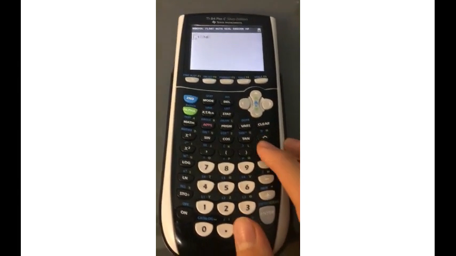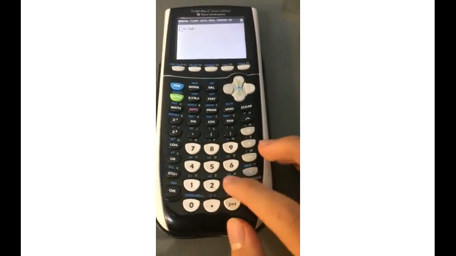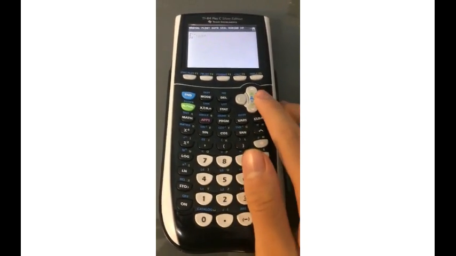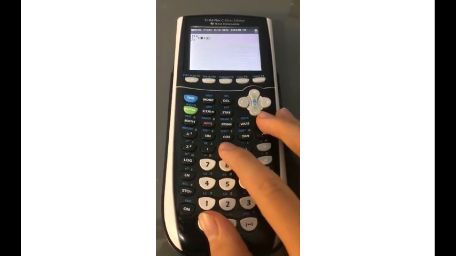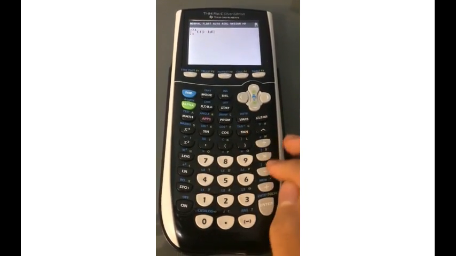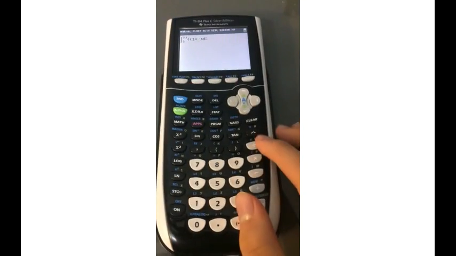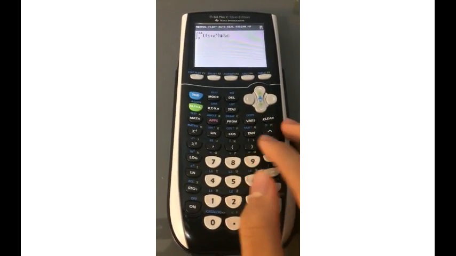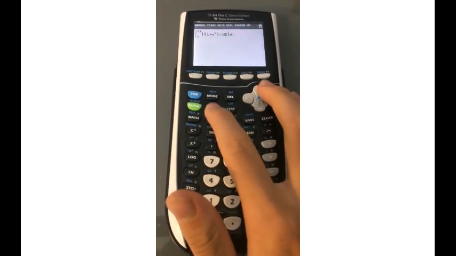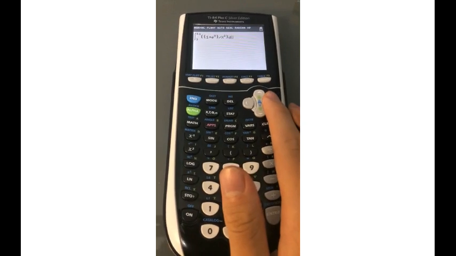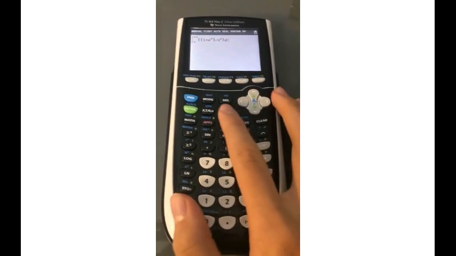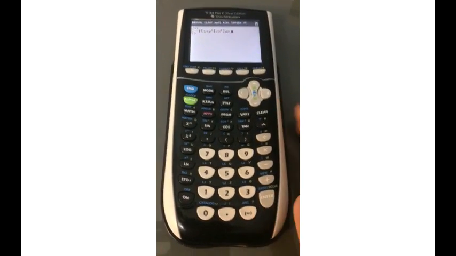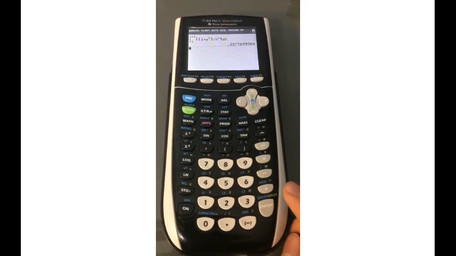You have to first put in the boundaries, which are 3 and 3 plus 1, and then you put in the function, which is (1 plus e to the x) over x squared, and then you put what variable you used, which was x, and then you press enter.